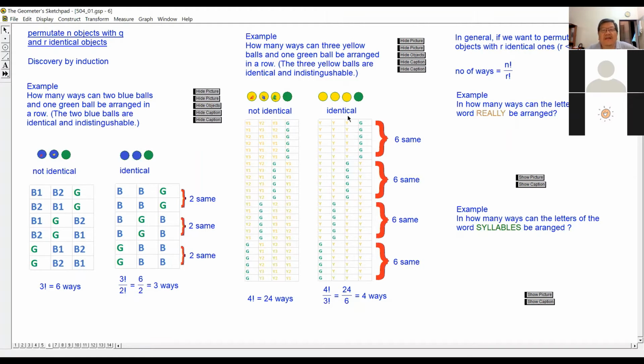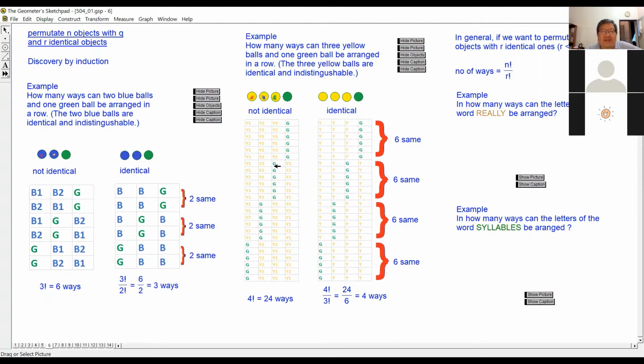But if the yellow color, they are identical, that means they cannot distinguish from one another, or all these 6 different ways, they become only one way, because all 3 of them are yellow, and you don't know which one is arranged earlier and later. So all these, they become one way.